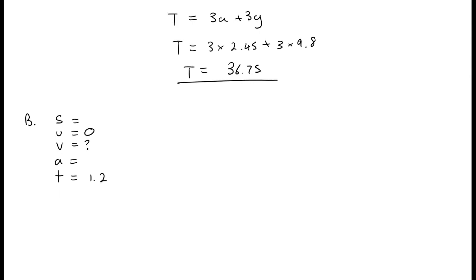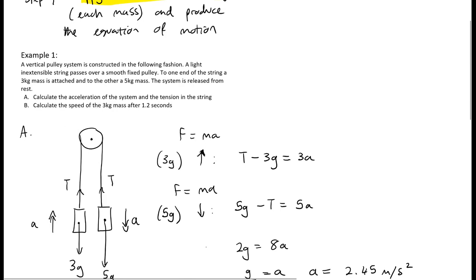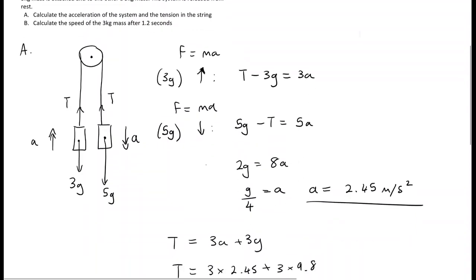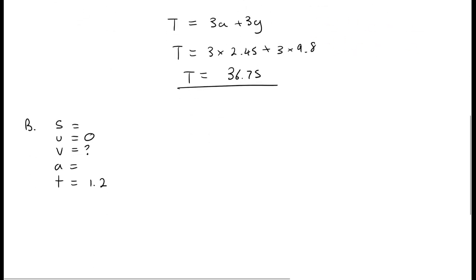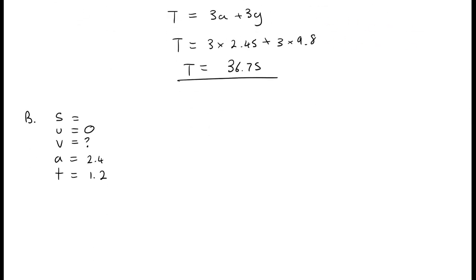The system is released from rest, as stated there. The acceleration is the acceleration we worked out in part A, 2.45 meters per second squared. And for the 3g mass, all of this is taking place with up as positive.